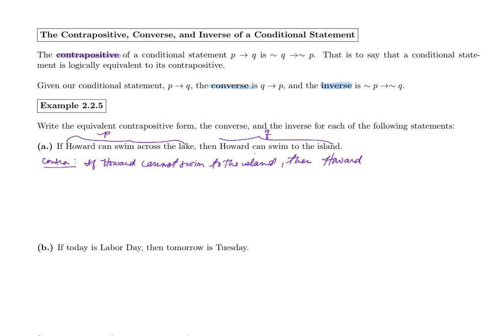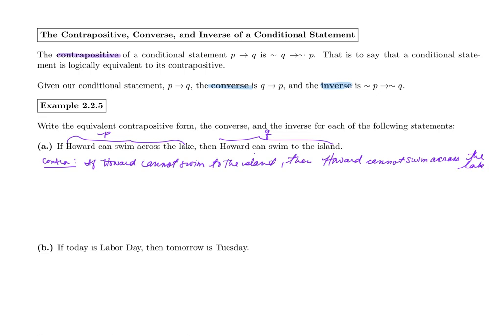Because the island is, assumedly, in the middle of the lake, or perhaps closer to one shore or the other. But if Howard can't swim to the island, then Howard certainly cannot swim across the lake. So it makes sense that this is logically equivalent to our conditional statement, that if Howard can swim across the lake, then he can swim to the island.